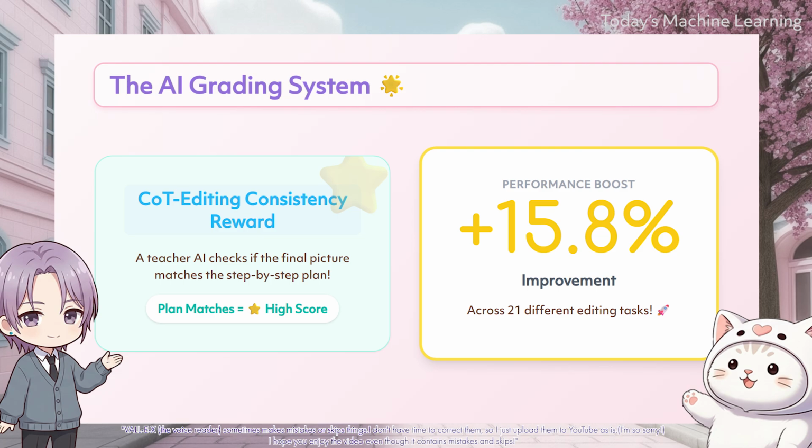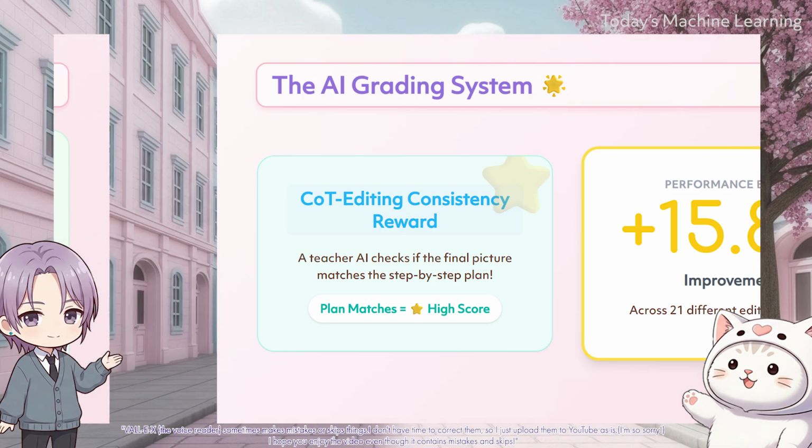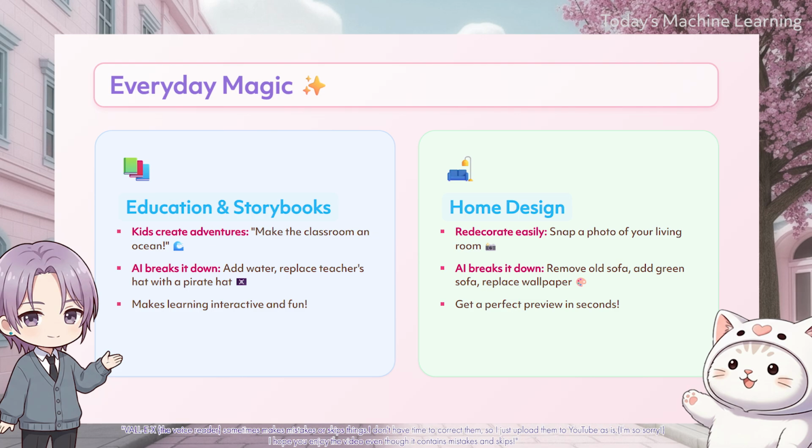If it does not match, the AI gets a lower score. This helps train the AI to actually follow its own instructions properly. The results of this study are just fantastic, showing a 15.8% improvement across 21 different editing tasks compared to older methods. Right, so how does this amazing technology actually help us in our everyday lives?